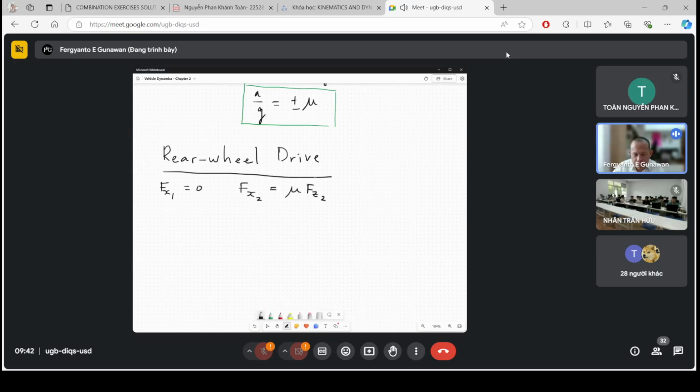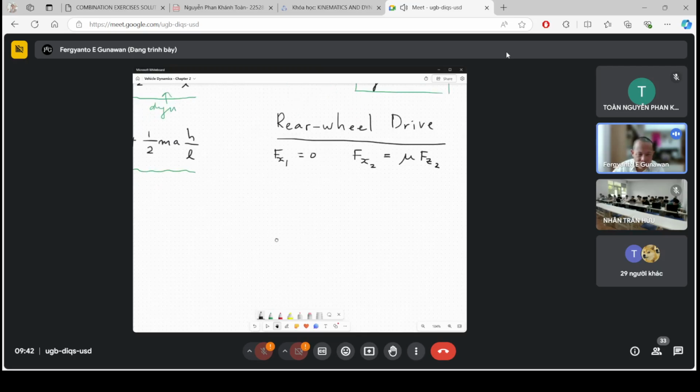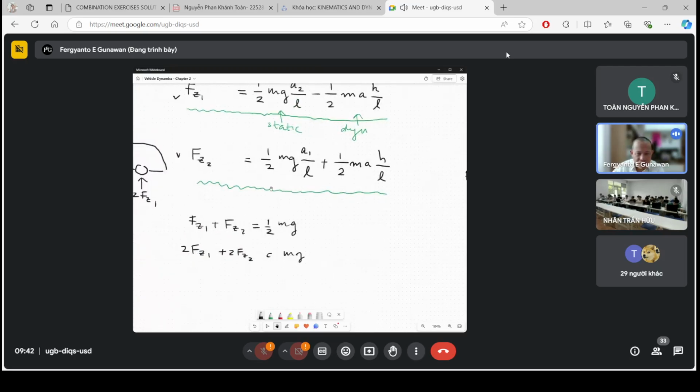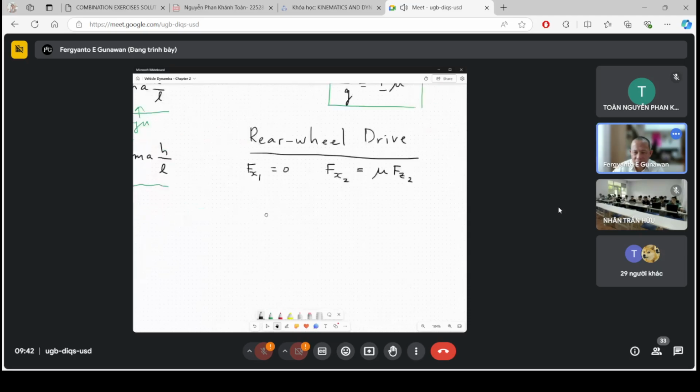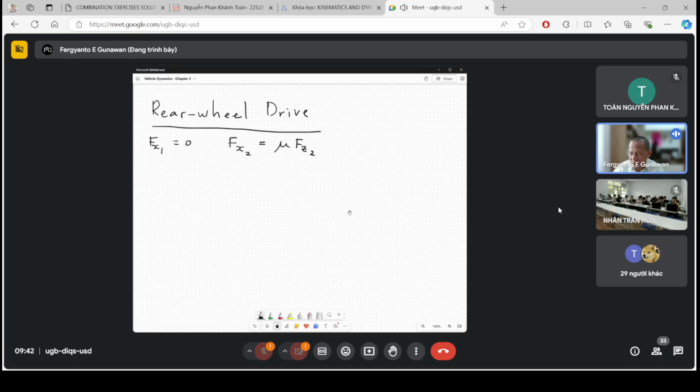Okay, and from previous equations, you already know this fz2. It is half of the weight plus the acceleration term.